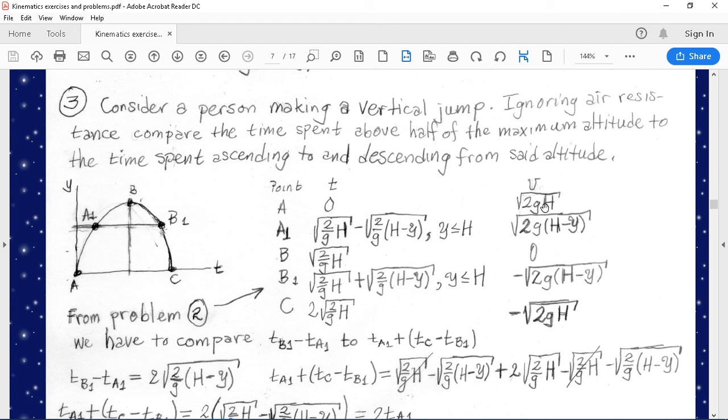The initial speed is the speed at which the jumper takes off from the ground.